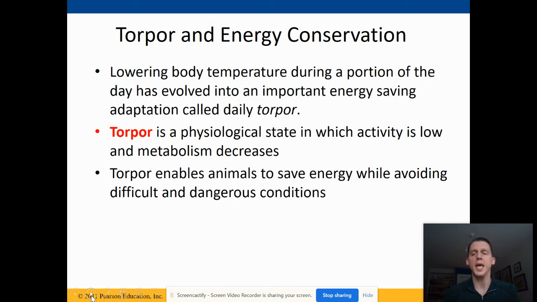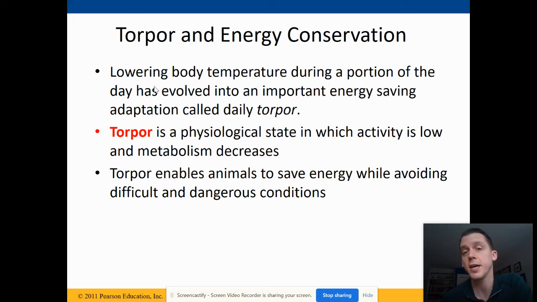A few behavioral adaptations evolved. During a certain portion of the day, it may be beneficial to lower the body temperature to prevent an animal from expending too much energy trying to thermoregulate. We call that torpor.